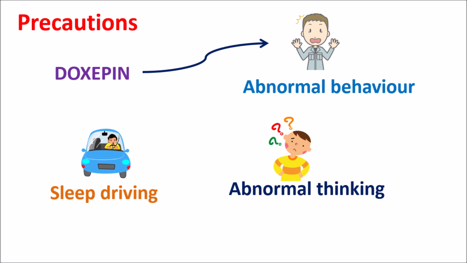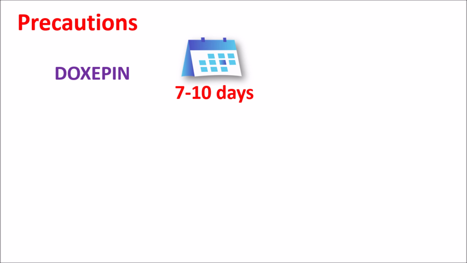Even though this effect is not observed in all people, any development of abnormal behavior with doxepin should be thoroughly monitored. Doxepin can reduce the symptoms of insomnia within 7 to 10 days of the treatment.